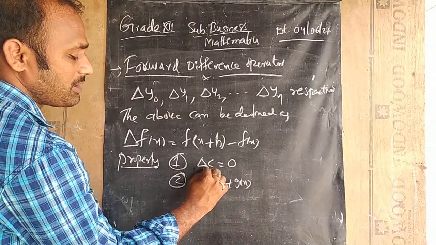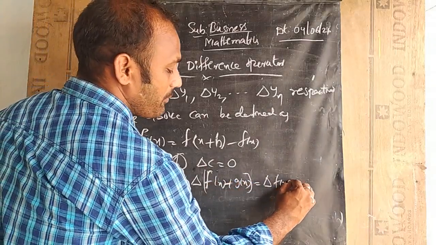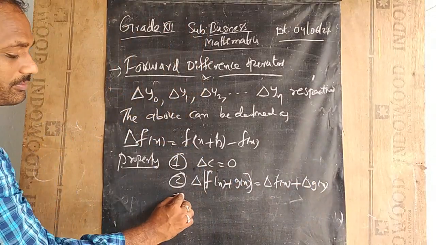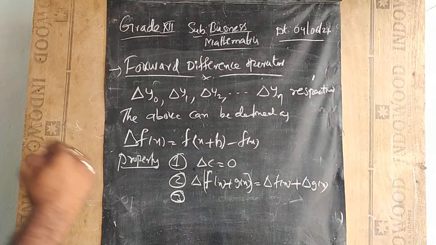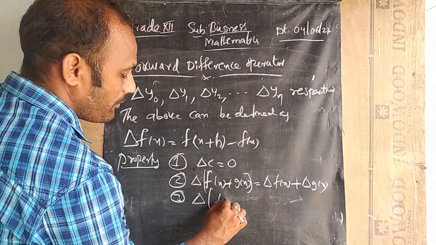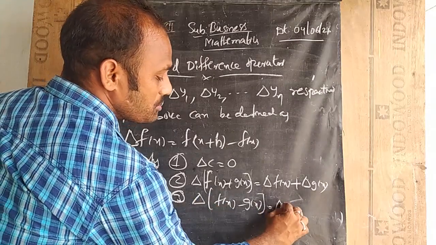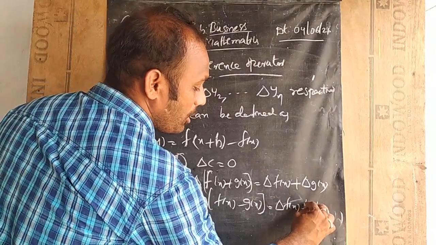For two functions, you have to take delta of f of x and g of x separately. Third one, for the difference: delta of f of x minus g of x is equal to delta of f of x minus delta of g of x.